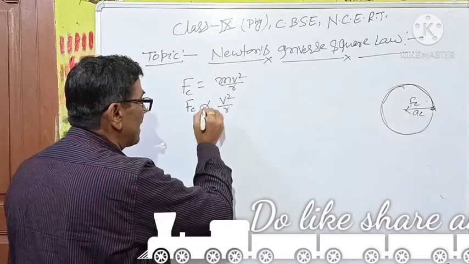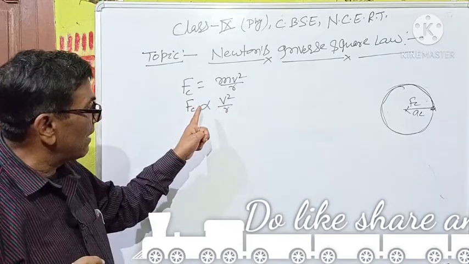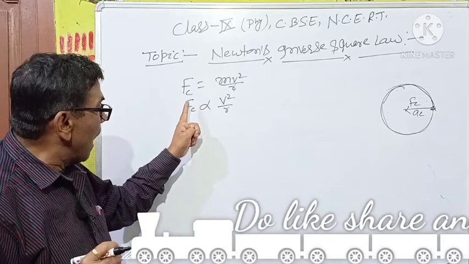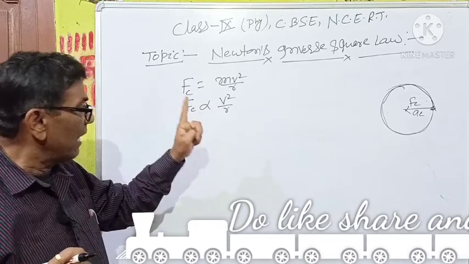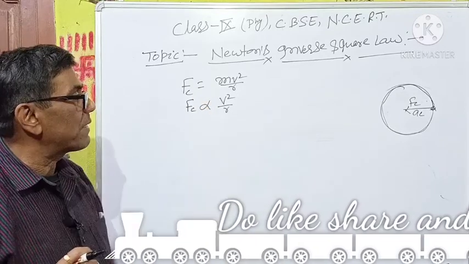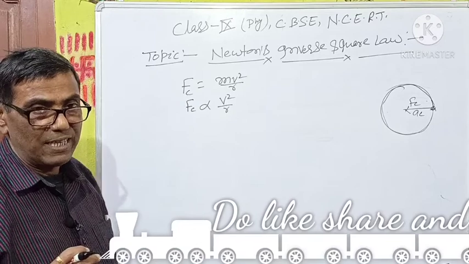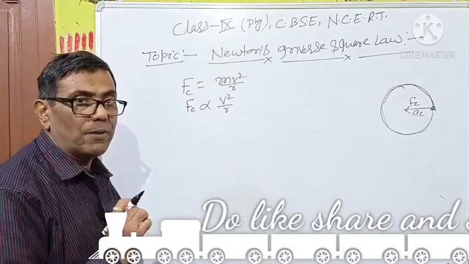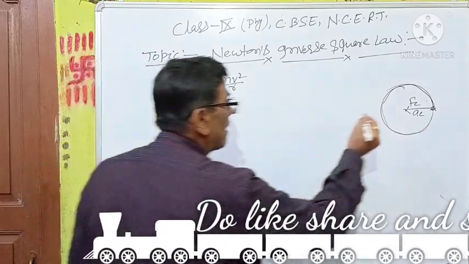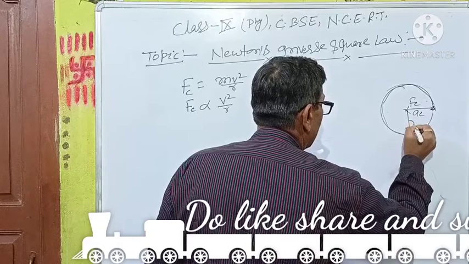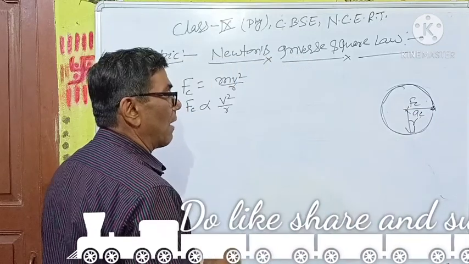So Fc is directly proportional to v squared by r. Here v represents the orbital velocity and r represents the radius of the earth.